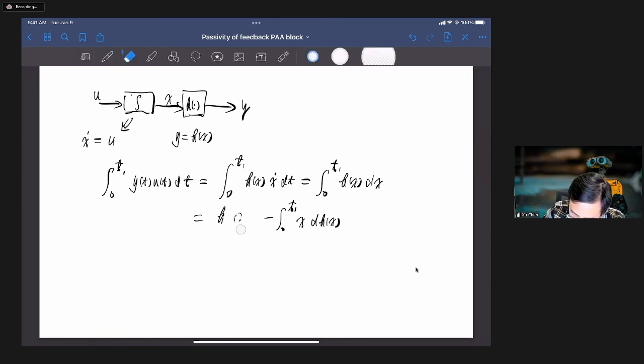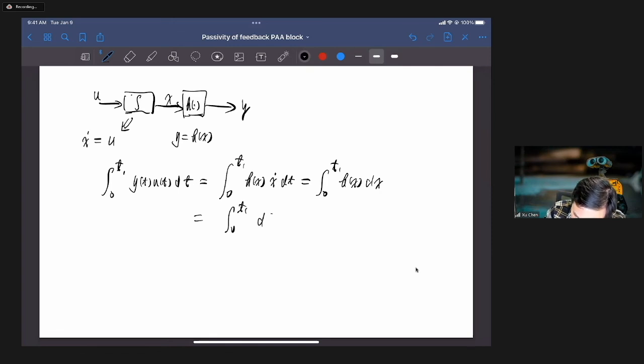I will not skip the steps. This is going to be equal to the integration from 0 to t1 of d(h of x times x) minus x dh of x. All right. So this is essentially the chain rule.